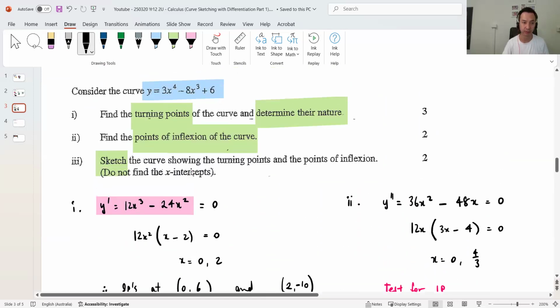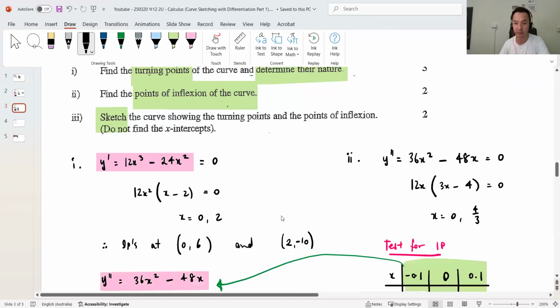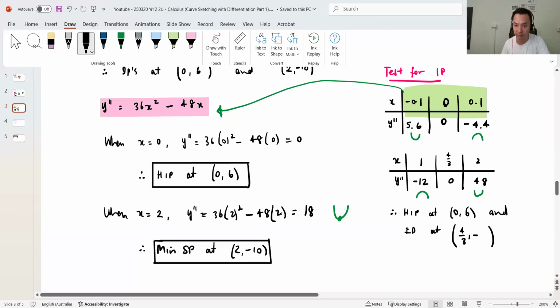What's the original? 3 times 4/3 to the power of 4 minus 8 times 4/3 cubed, plus 6. Punching it in the calculator, I got negative 94 on 27, which is negative 3 and 13 on 27. Yep, that's my answer.